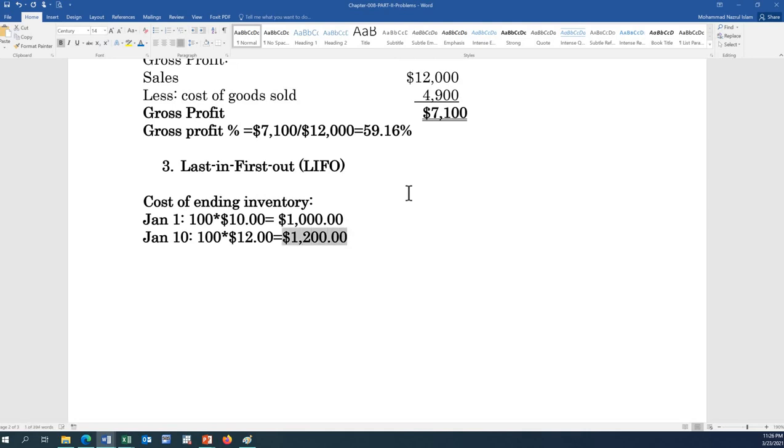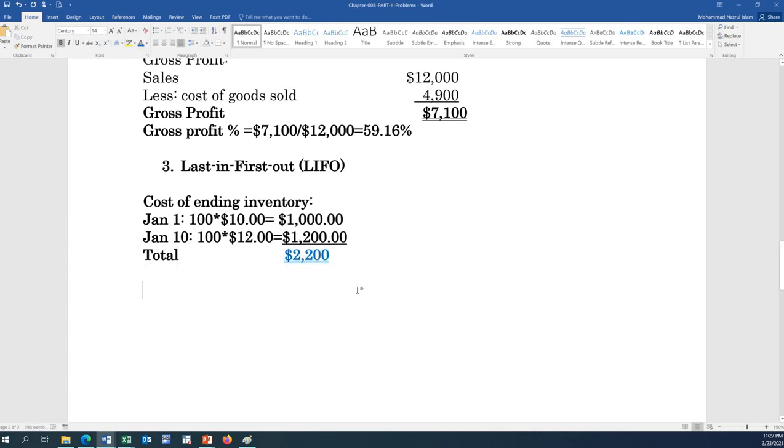So our total cost of ending inventory should be equal to 2,200, correct? So total ending inventory is 2,200.